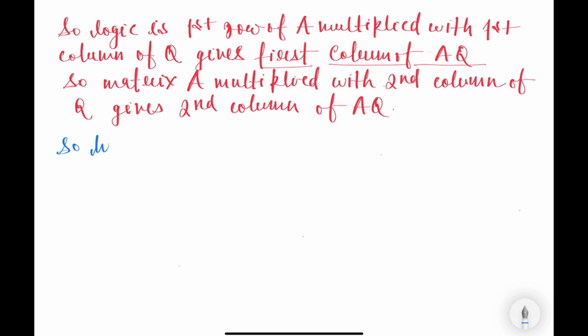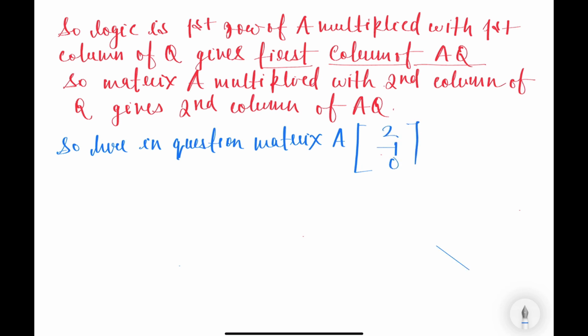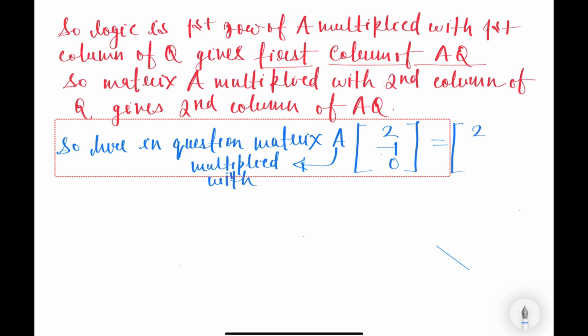So here in the question, matrix A multiplied with a column gives 2 minus 1 0.